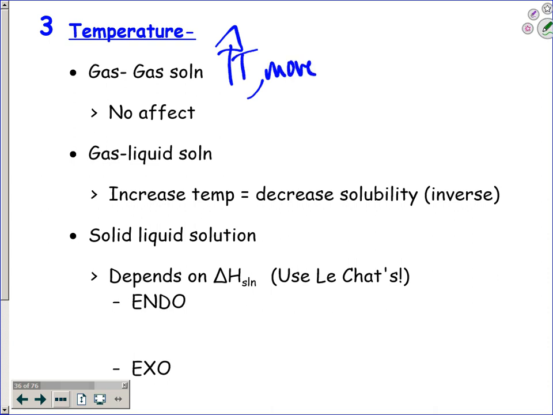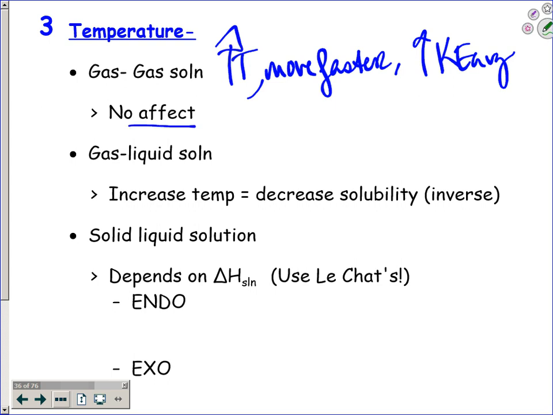Increased average kinetic energy. And that's going to happen for all gases. So they're all going to be the same solubility. We're not changing who's dissolved within each other. So that's why this temperature change has no effect on a gas-gas solution.